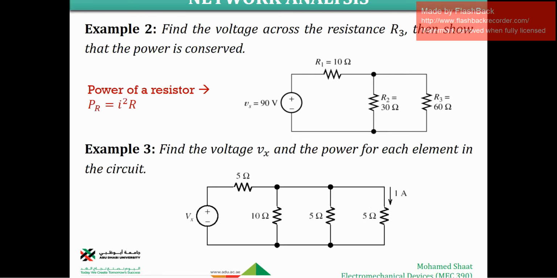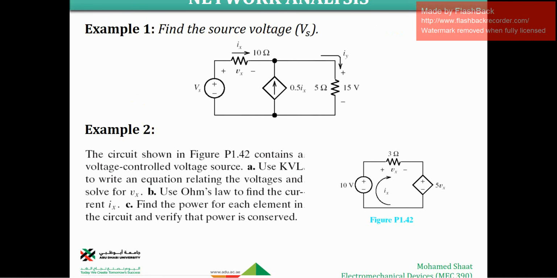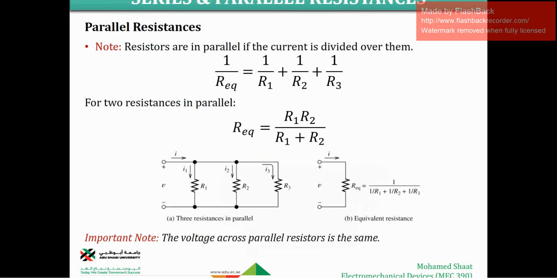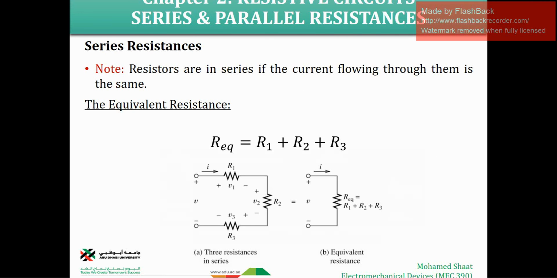Going ahead quickly to this topic, we discussed that series resistances are the ones having the same current, like any set of resistances, like in this case R1, R2, R3.